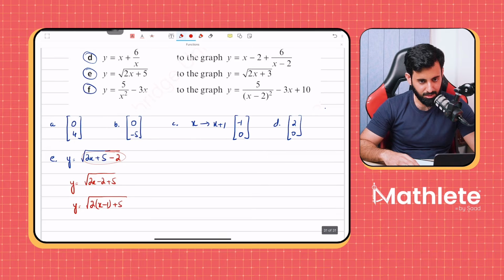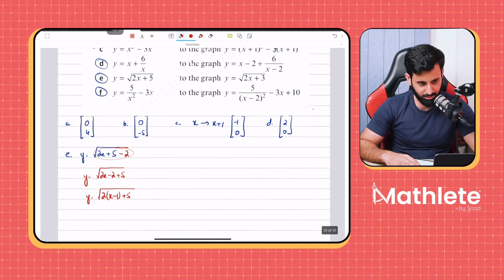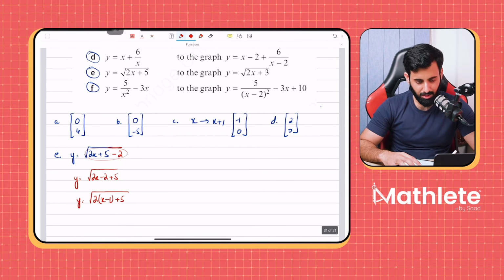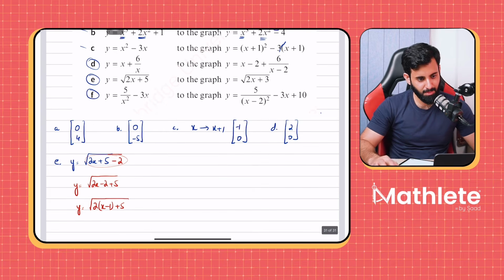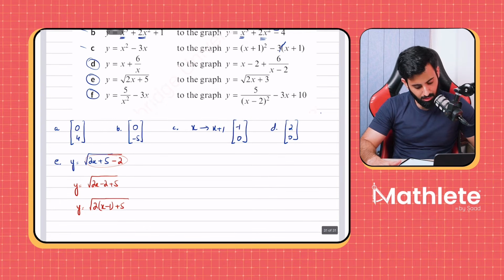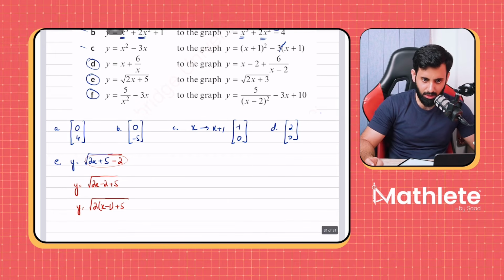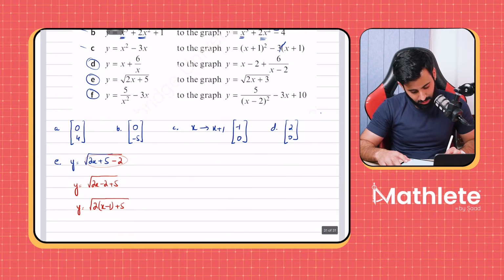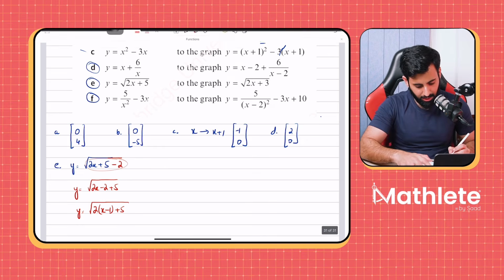And by the way, minus 20 is also incorrect. Now what do you think the answer is? 1, 5. It's not 1, 5. We haven't translated it vertically. It's 1, 0. The correct answer is 1, 0.